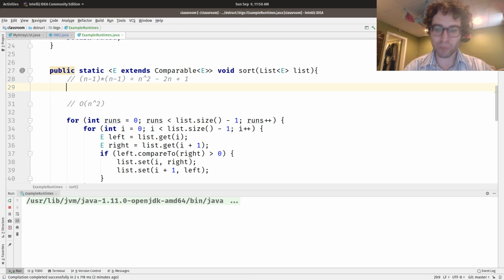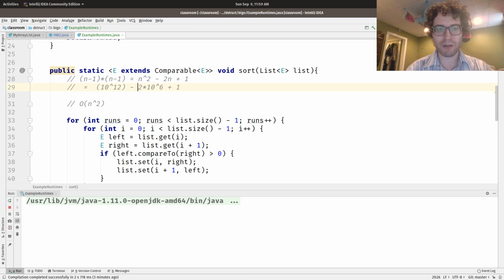Suppose we're sorting 1,000,000 items. Well, then n is equal to 1,000,000, so that's 10 to the 6th. And when we square it, it becomes 10 to the 12th, minus 2 times 10 to the 6th, plus 1.